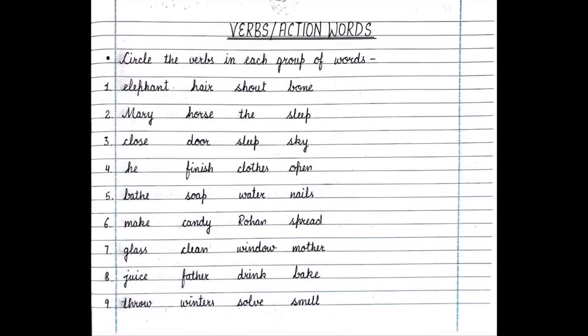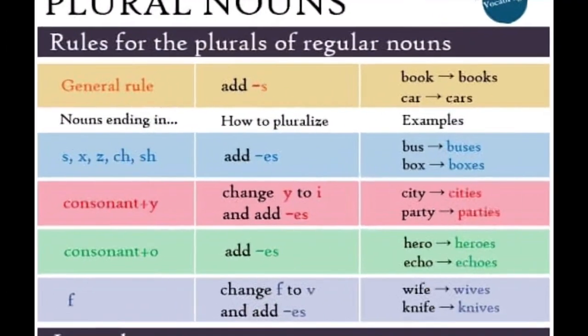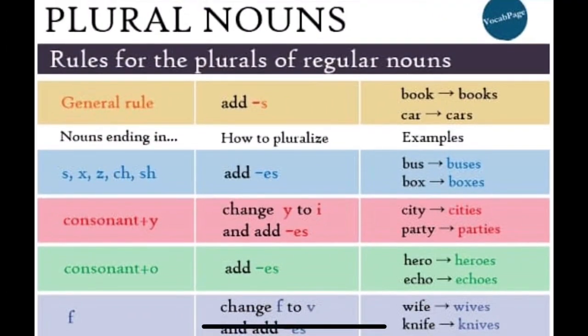Alright? Now, next worksheet is of singular plural. So there are some rules to make singular nouns into plural. The general rule says we simply add s to some of the words to make it plural.